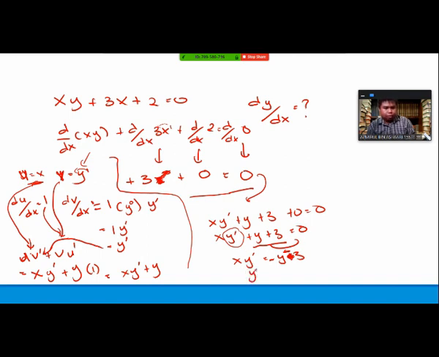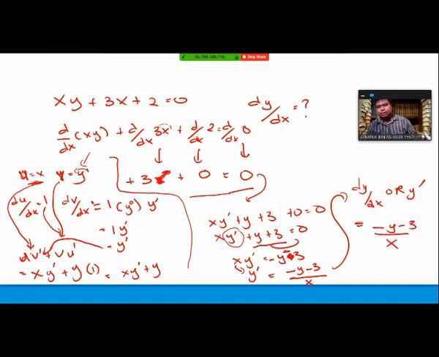And then for y prime, I move x to the right side, so it becomes negative y minus 3 divided overall by x. So this is the answer where dy per dx or y prime is equal to negative y minus 3 divided by x. Okay, implicit involves two different unknowns, dua unknown yang you tak tahu. Okay, x and y.